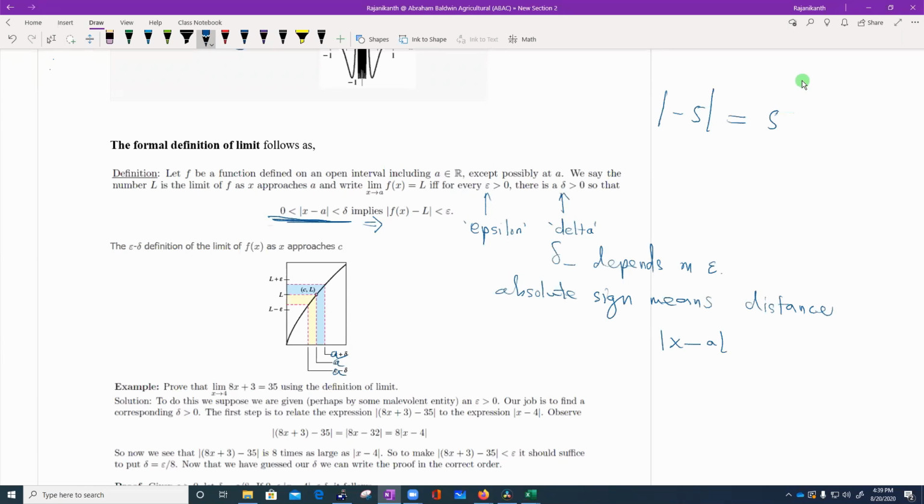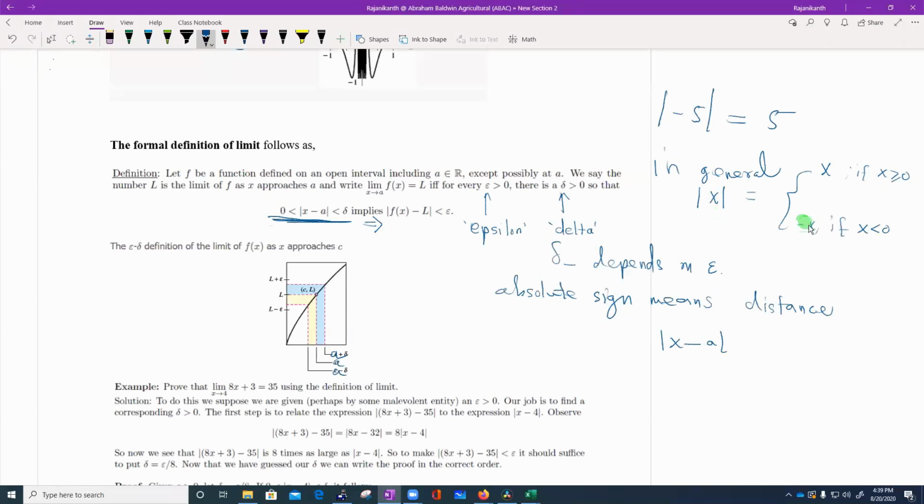So in general, the absolute value of x is x itself if x is positive or equal to 0. The absolute value of x is negative x if x is less than 0. If the x inside the absolute value is a negative number, then in order to find the absolute value, you need to put one more negative sign in front.